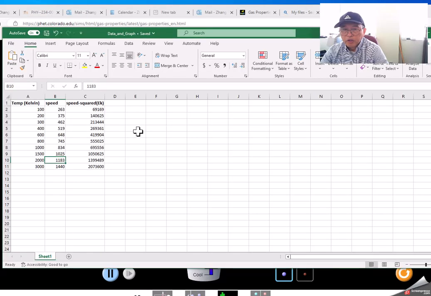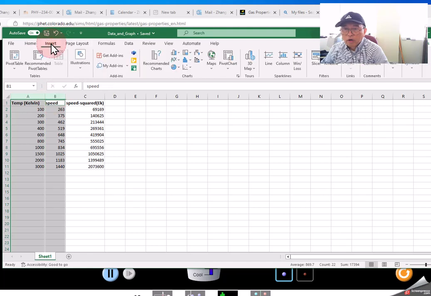Now, if you have multiple data you want to select to plot, usually the leftmost column is to be on the horizontal axis. So we want to plot the speed. You click here, the temperature, and then hold the control key, and then that one, and you select these two, and then go over here and insert the scatter plot.